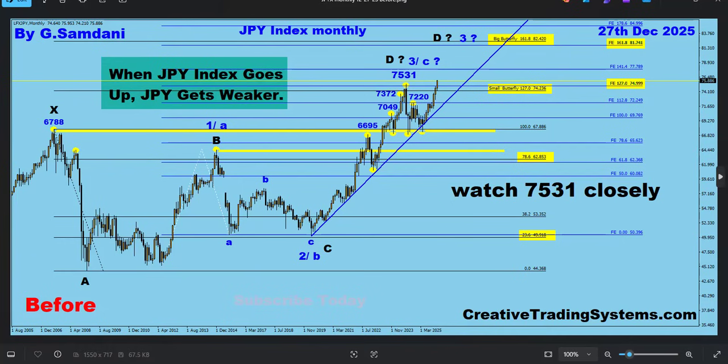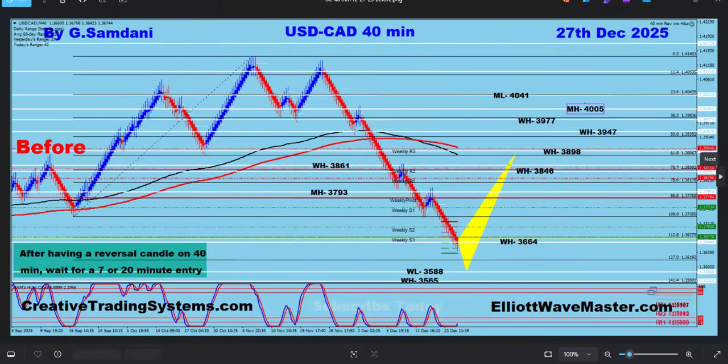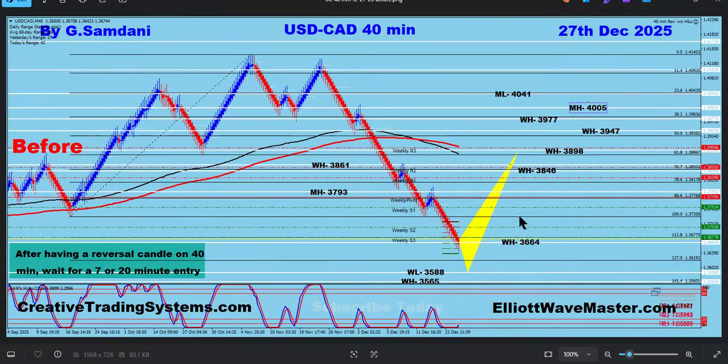Okay. Next is USD-CAD. Now, USD getting strong means USD-CAD is supposed to go up, and I show you the USD-CAD weekly chart that I'm expecting to the upside. So this is where, somewhere, either 36.64 or maybe it may go down a little bit, 35.88, 35.65, and then go up.